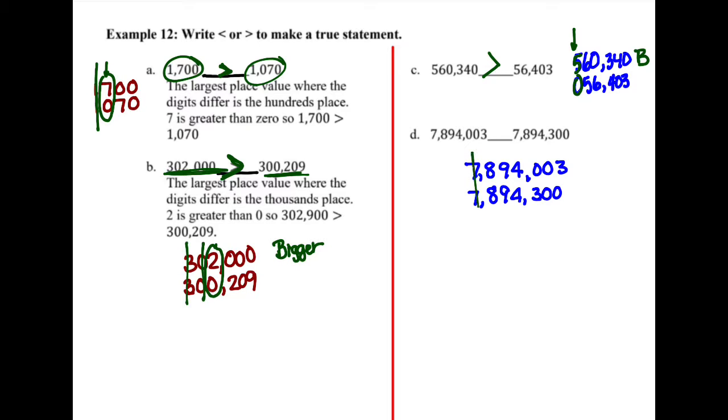Okay, so the millions place is the same, 100,000s is the same, 10,000s is the same, 1,000s is the same. This is the first place value that's different. So the 3 on the bottom is bigger. Okay, so that means the second number is bigger than the first one.